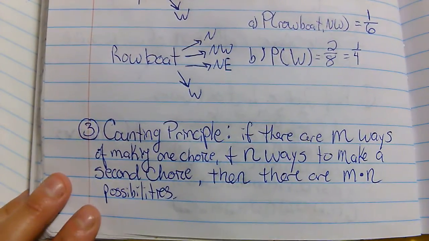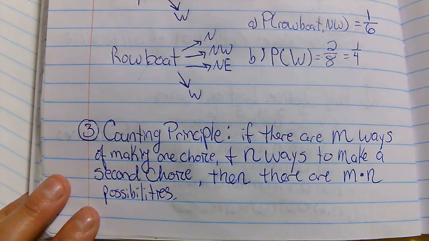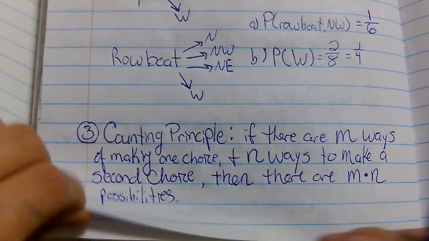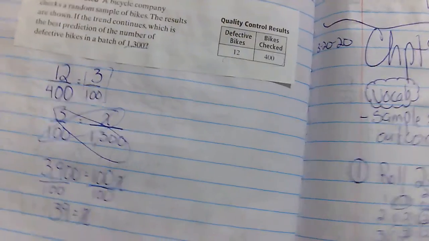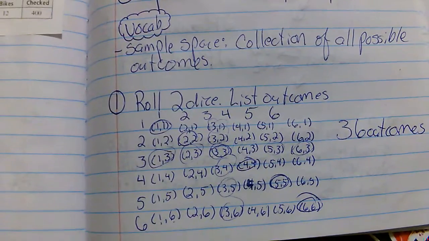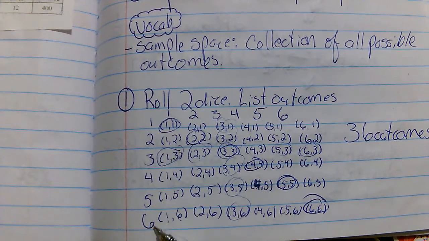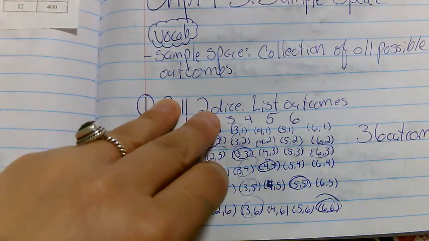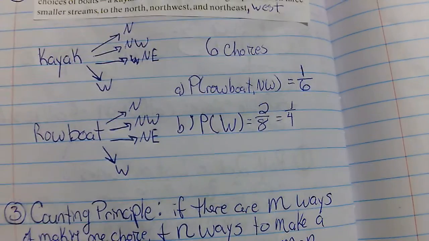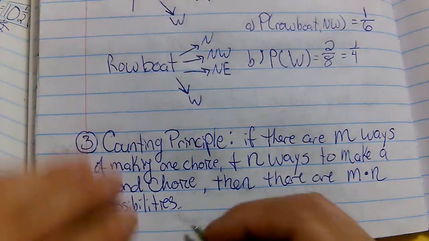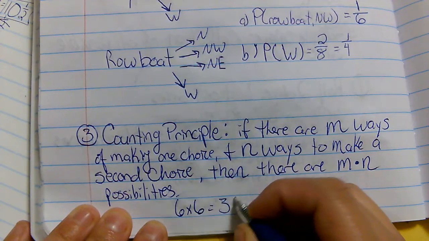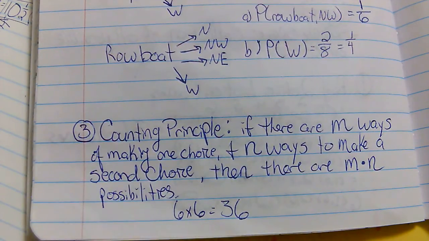So for example, let's take a look at the examples that we did here. In the first one, I'm actually going to flip back real quick. There were 6 possibilities for the first die, 6 possibilities for the second die. So 6 times 6 gave us our 36 possible outcomes.